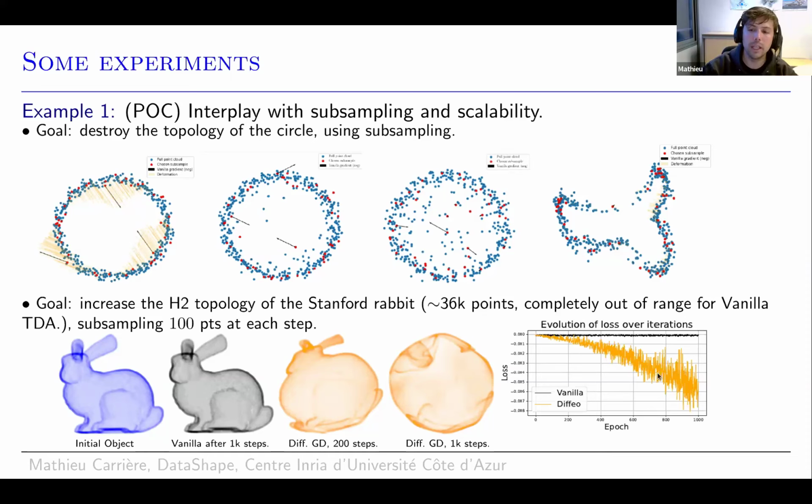You see that even though the loss is indeed decreasing, if you take very small subsamples, okay, you move many points at the same time, but given that the subsampling is really coarse, sometimes it's not necessarily a super good descent direction. So it can be a bit erratic if you take a small subsample, but at least optimization becomes feasible even for, let's say, hundreds of thousands of points.